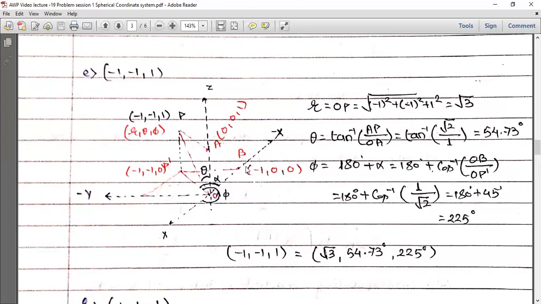Base OB has length 1 and hypotenuse is square root of 2. So 180 degree plus cos inverse 1 by root 2, that is 45 degree, equals 225. And correspondingly, the point (-1, -1, 1) can be written as square root of 3, 54.73, 225 degree.